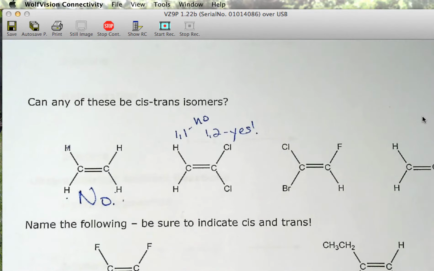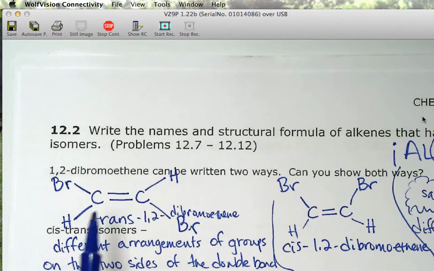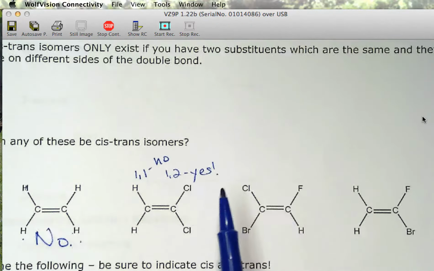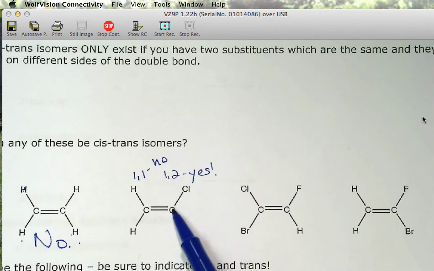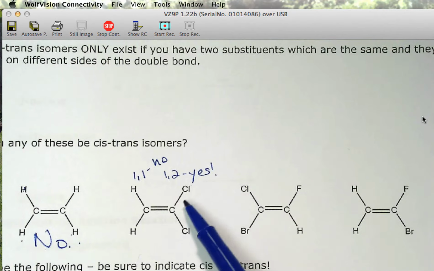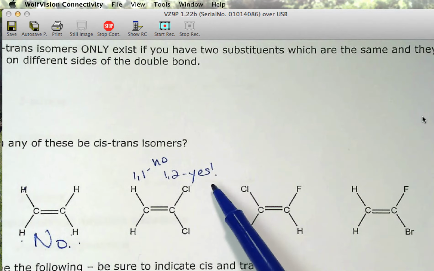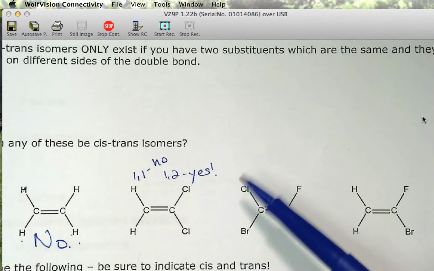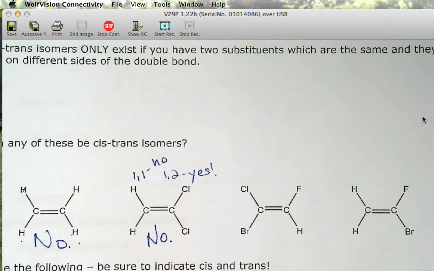Like the one we just saw, you see how that was 1,2-dibromo, and we're able to do the across. This one is on the 1,1. The chloro groups are not on opposite carbons, so they're not across. So this one is a no as well. In higher level organic chemistry you could do E and Z, but we don't do it in this class.